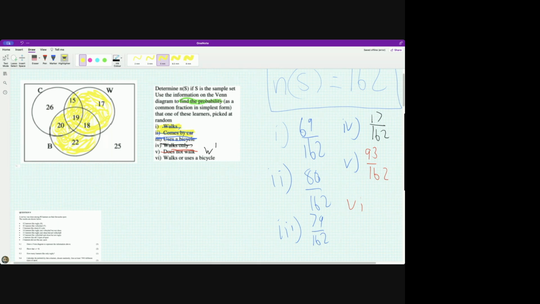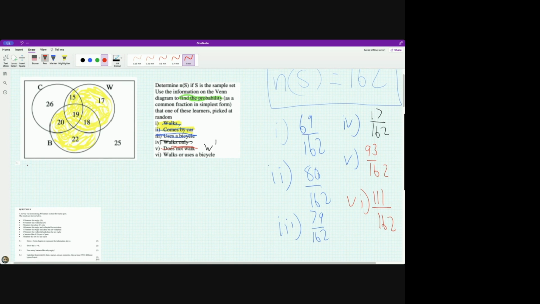Okay, what are we getting? 20 plus 19 plus 15 plus 18 plus 17 plus 22. I'm getting 111 as my total, but for it to be a probability, it's going to be 111 out of 162.